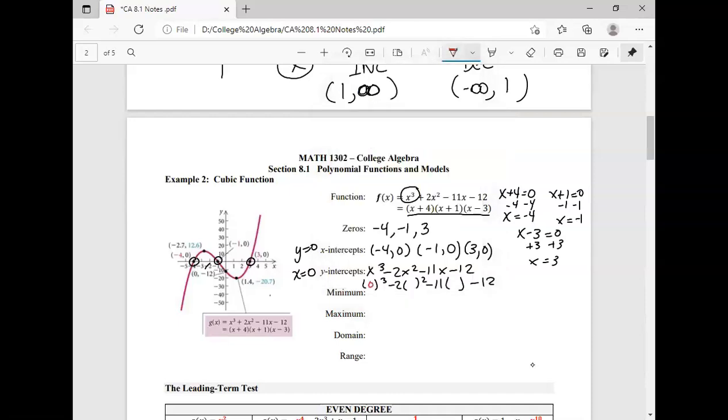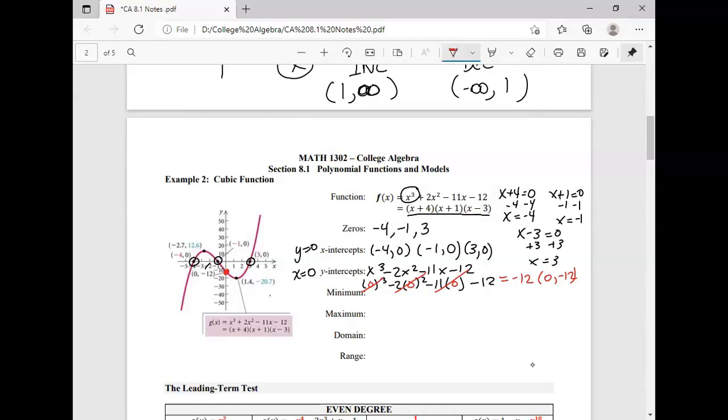And you're going to figure out pretty quickly that any term that has an x in it is just going to go away, because if you multiply by 0, it's nothing, and you're just going to get your constant term. So the y-intercept is going to be the point 0, -12, which we can see on our graph right here. It's a little bit more difficult to see that point, but where does it cross the y-axis? Right there.